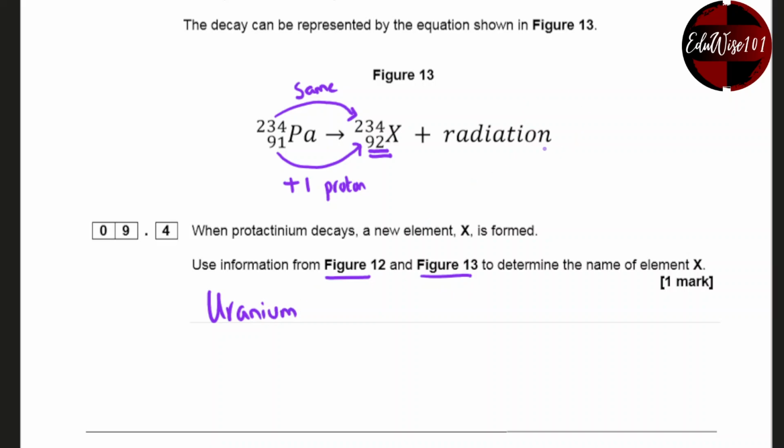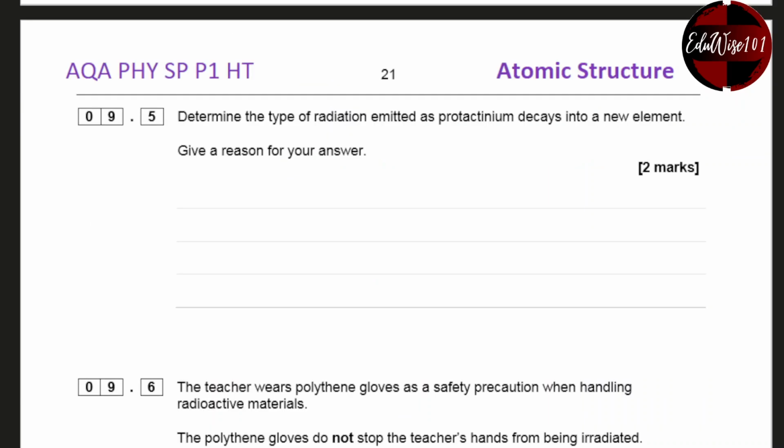And by the way, the radiation that can cause this to happen is beta radiation. Remember, beta is an electron with a mass of 0, but it has a charge of -1. Question 9.5 asks that: determine the type of radiation emitted as protactinium decays into a new element. Give a reason for your answer. The type of radiation is beta.